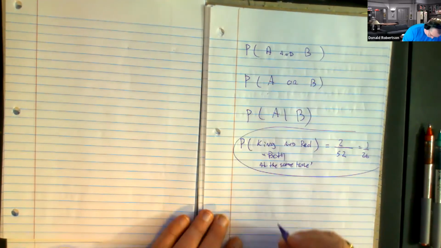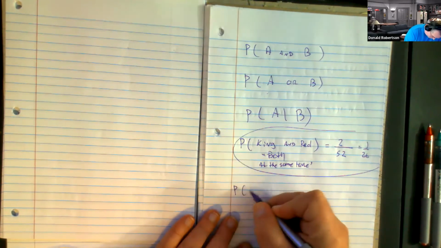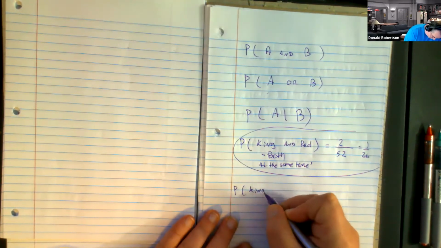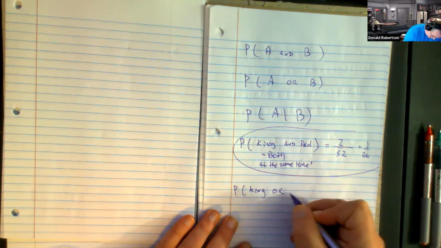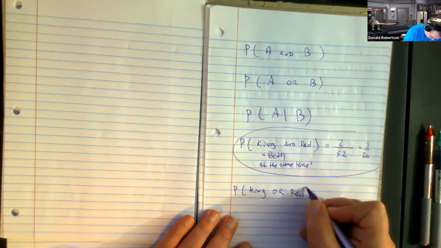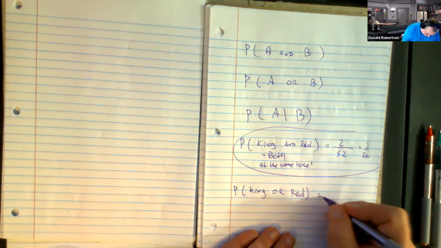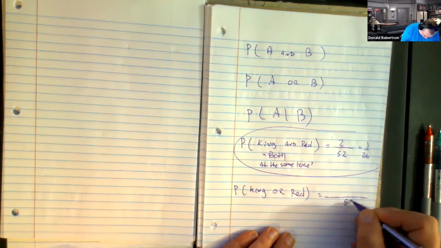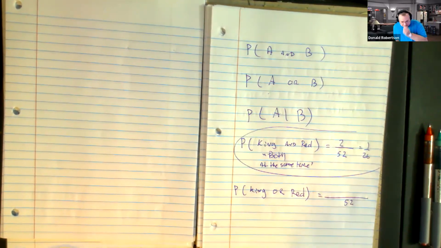Now, if you do an or, it's a little bit different. If I said to you, what's the probability of getting a king or a red? That is a little bit harder to count, because you want to basically add up all the ways in which a king could happen, or, totally unconnected, I guess, all the reds.